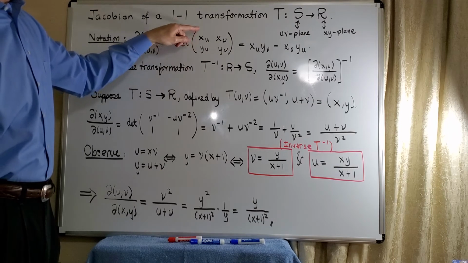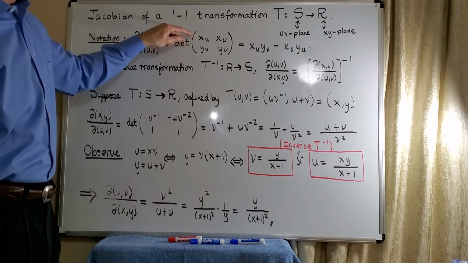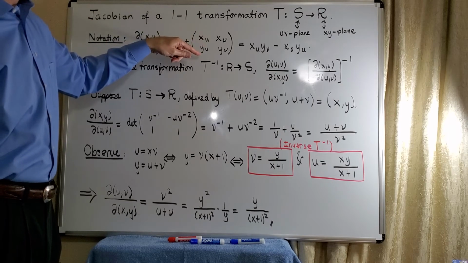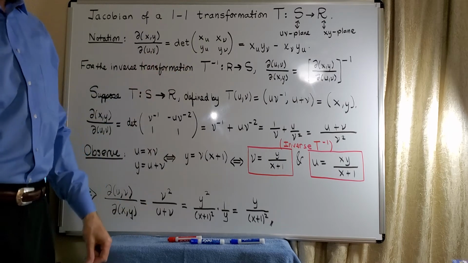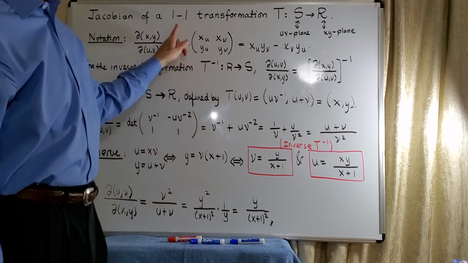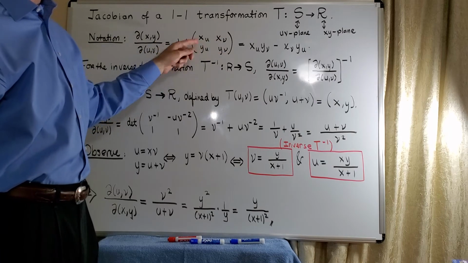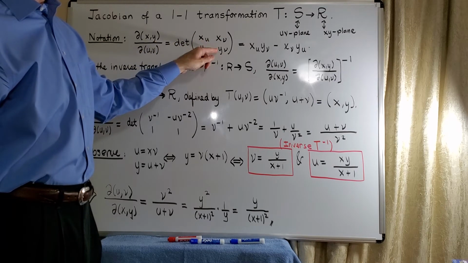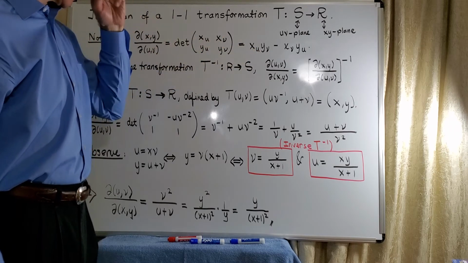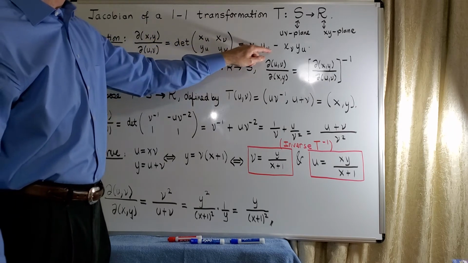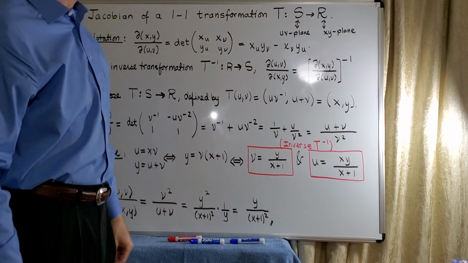Notice that this is just a matrix of partial derivatives, where the first column is the column of u partials, and the second column is the column of v partials. When you do the 2 by 2 determinant, by definition, this is just the crisscross, which is x sub u times y sub v minus x sub v times y sub u. And of course, these are just the shorthand notations for partials with respect to u and v.